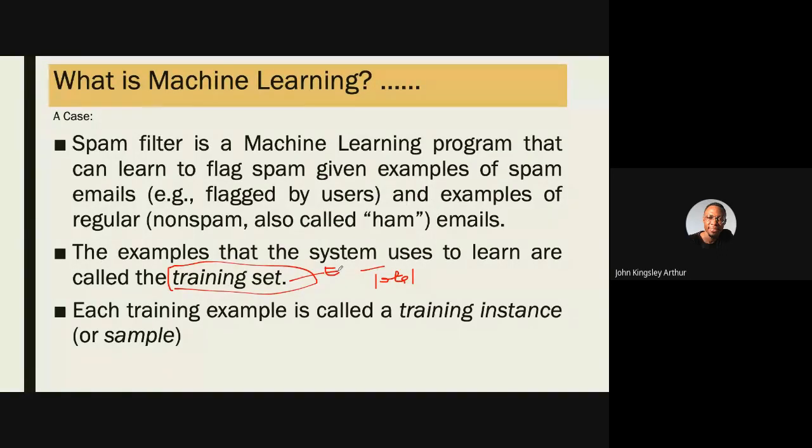Out of these 30 records in your Excel sheet for your class, you want to use, let's say, 25 of those records to create your model. These 25 records from your student data is what we refer to as the training set.